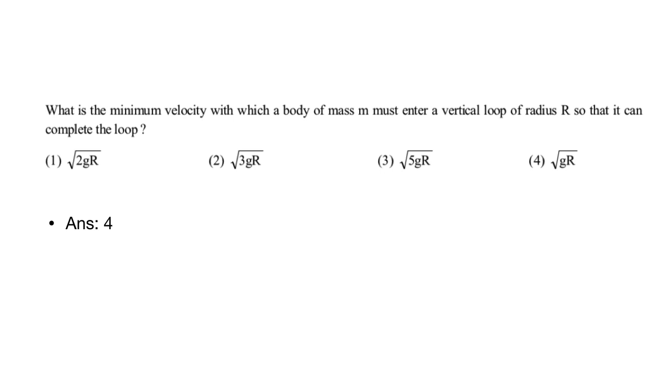However, if it is asked what will be the minimum velocity so that the body will complete the loop upon entering at the lowest point, in that case the question is asking to find the value of u, and that is under root of 5gr. So be conscious when you are dealing with such tricky questions, and I hope that all of you would have understood the question which has been discussed.